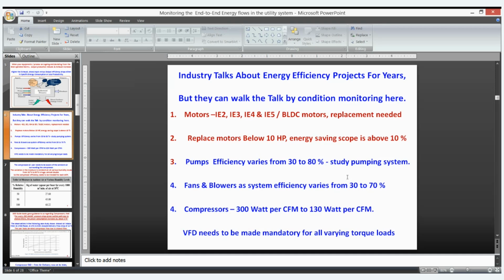For compressors, moving from the initial reciprocating compressors to screw compressors to now two-stage screw compressors, it was almost 0.3 kilowatt per CFM. Now it is around 0.13 to 0.15 kilowatt per CFM that the latest generation compressors are able to deliver. But let us try to analyze what our compressors are giving.